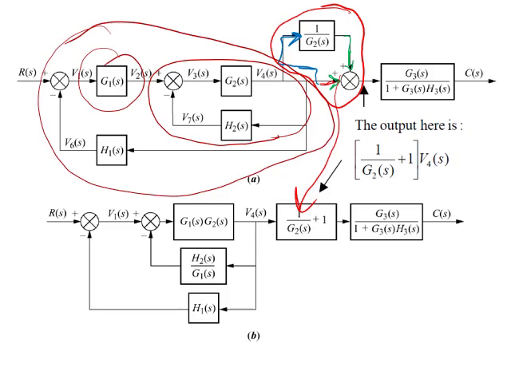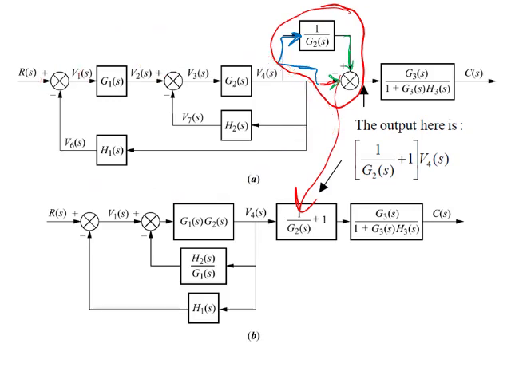Or as he is doing here, he takes G1 inside. The block G1 was at the input of the summing junction. We will send it to the output of the summing junction. If I do so, I have to give the reciprocal of G1 to the other input. That's why here we have 1 over G1, as you see here. It's in the denominator, 1 over G1, and here we have G1.